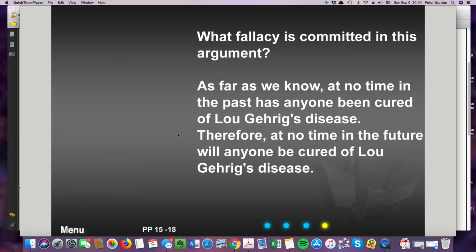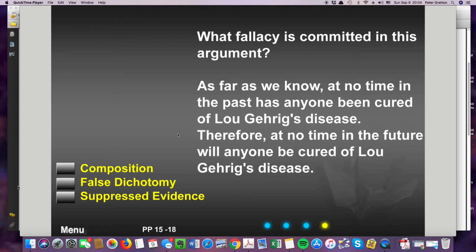As far as we know, at no time in the past has anyone been cured of Lou Gehrig's disease. Therefore, at no time in the future will anyone be cured of Lou Gehrig's disease. So this is not about moving from parts to the whole, and there's not an either-or. So it must be suppressed evidence. And what's the suppressed evidence?